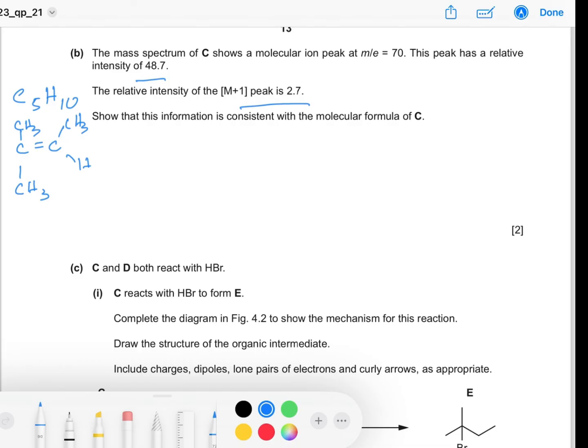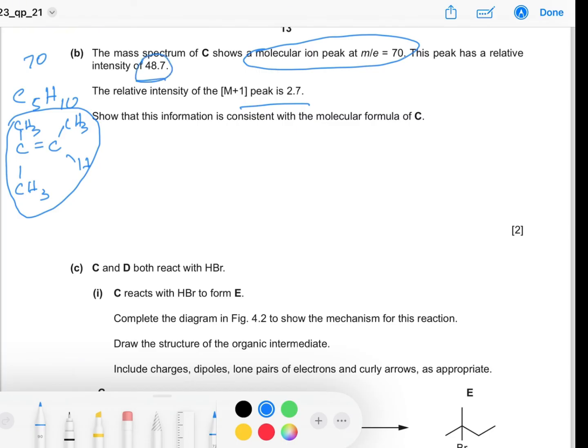The molecular ion peak, or the peak at 70, occurs due to the entire molecule which has an Mr of 70 due to 5 carbon atoms and 10 hydrogen atoms. And then the M+1 peak occurs due to molecules of C that have carbon-13 isotopes.